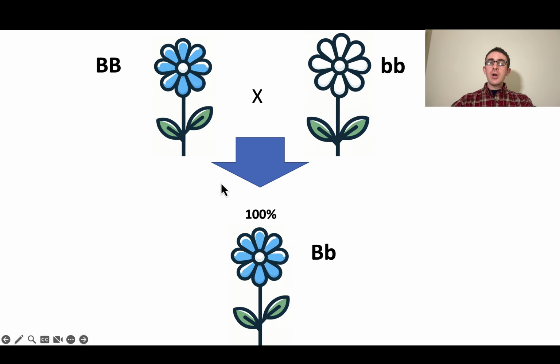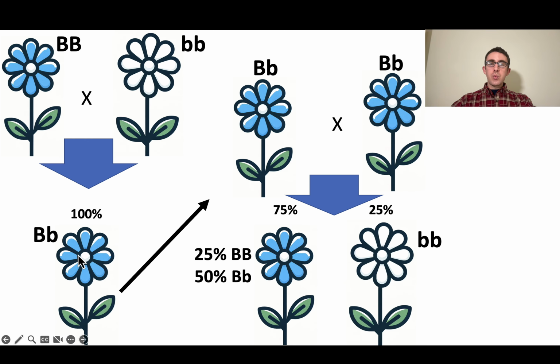When we do that cross, we get 100% flowers that have one blue allele and one white allele, because they're getting one allele copy from each parent flower. And then for the next cross, we're crossing these two flowers where each one has one blue allele and one white allele. Again, I've put notation in the final generation of the percentages that explain this 75% blue, 25% white flower distribution.